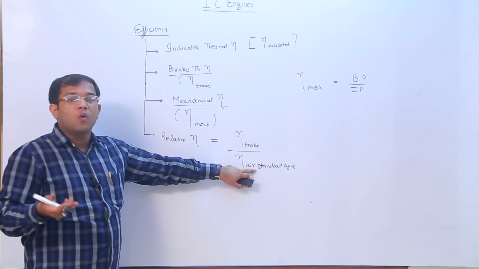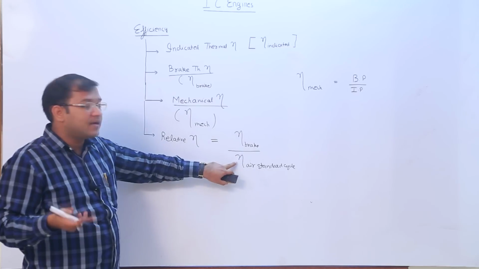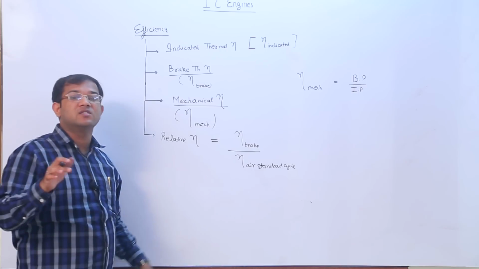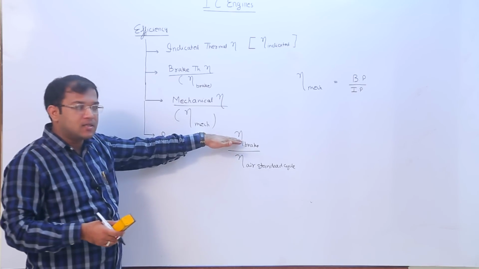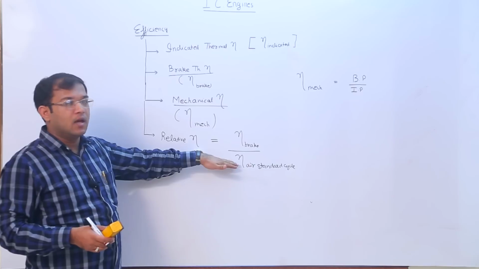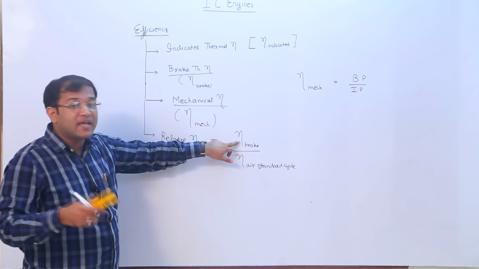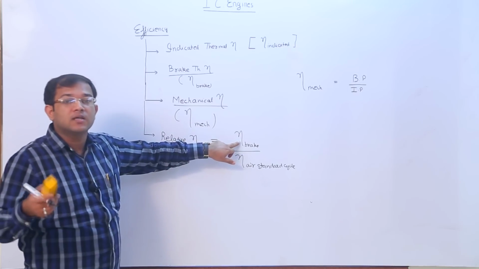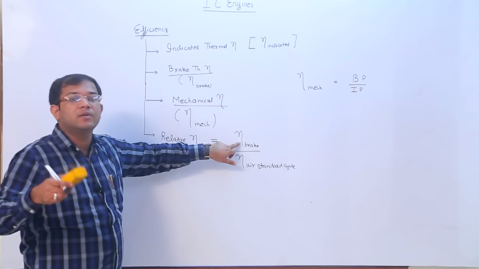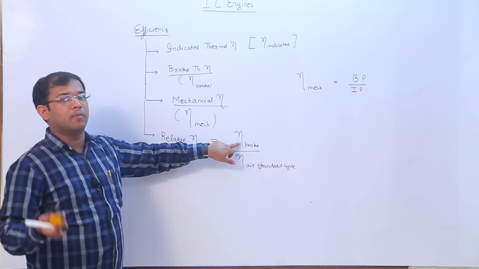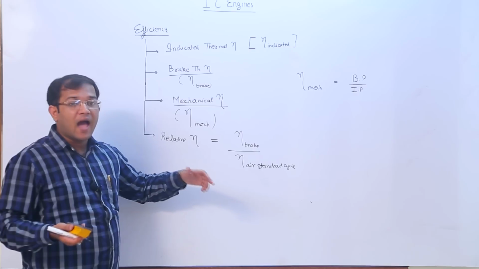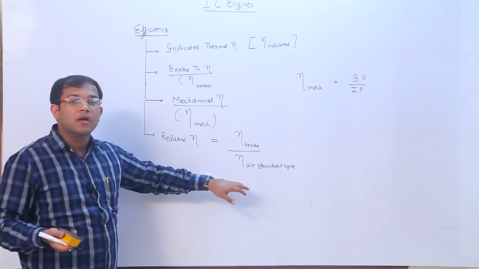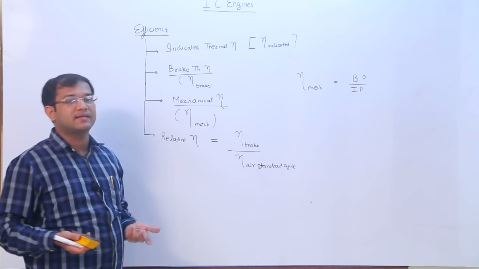So obviously when this cycle operates in ideal conditions, the efficiency will be maximum. So this is nothing but actual efficiency upon maximum efficiency. Now here we take the brake thermal efficiency, because it is the brake power that is being utilized for running an automobile. Fine. So brake thermal efficiency divided by maximum efficiency or efficiency of an air standard cycle.